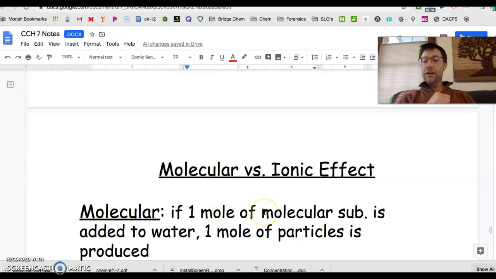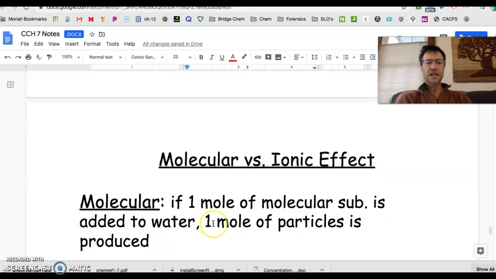If 1 mole of a molecular substance is added to water, 1 mole of particles is produced. In other words, the molecular things, carbon-based for us, don't break apart. They just stay as one thing when we dissolve in water. So you take one sugar molecule, you put it in water, and you've got one sugar molecule floating around. You dig? It looks like this.